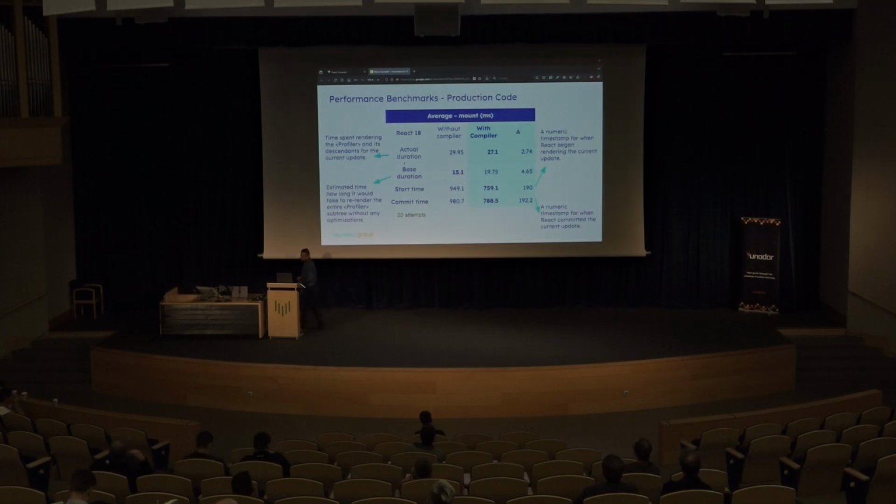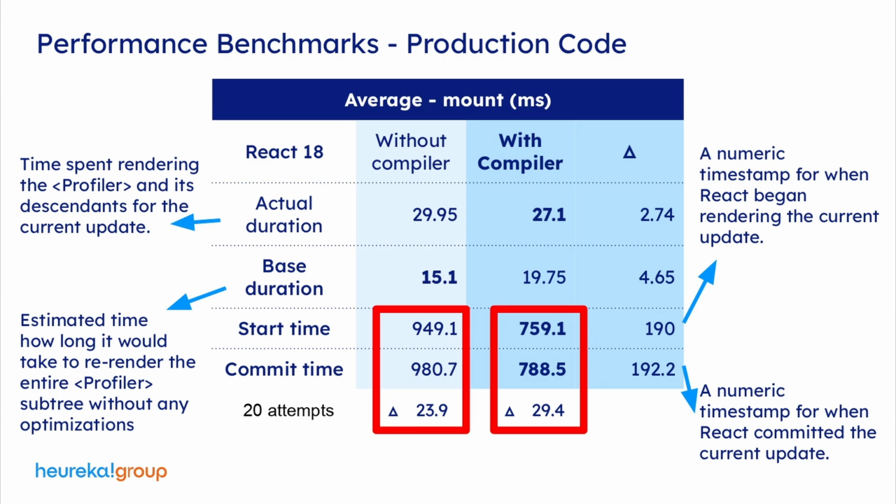And you can see here in the table that React compiler has better actual duration than without the compiler. Base duration is just an estimate, so it's not important for us. And start time is even about 200 milliseconds earlier with the compiler than without. So it's better. And there are the deltas here between start time and commit time.